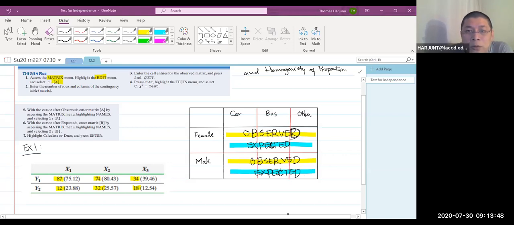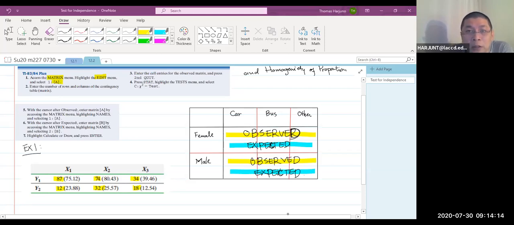Edit. And it will be what by what? It will be 3 by 2. Oh, okay. That's the row first. So 2 by 3.